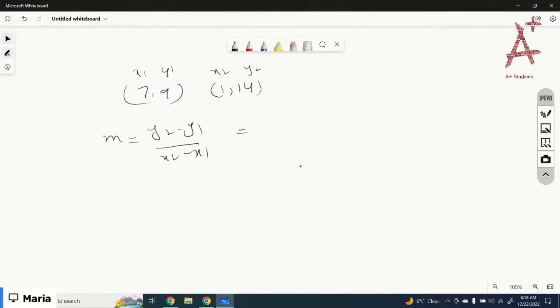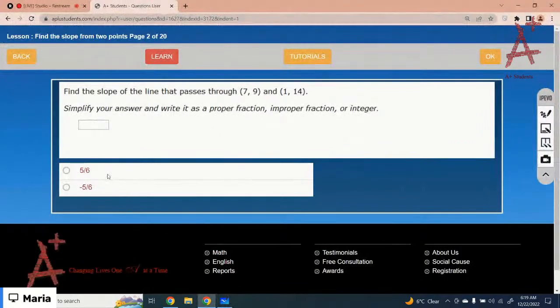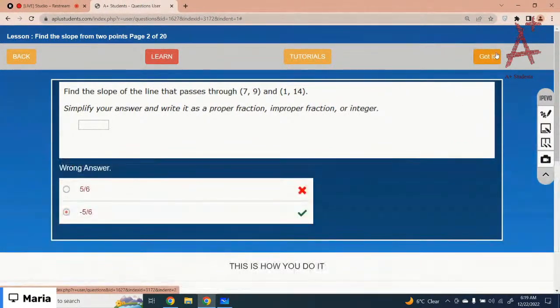You have to do y2 minus y1, 4 minus 9, and 1 minus 7. 4 minus 9 is negative 5, and 1 minus 7 is negative 6. So it would be 5 over 6. Got it? So the correct option is 5 over 6. The first option is the correct one. Select the correct option, then click on the OK button.